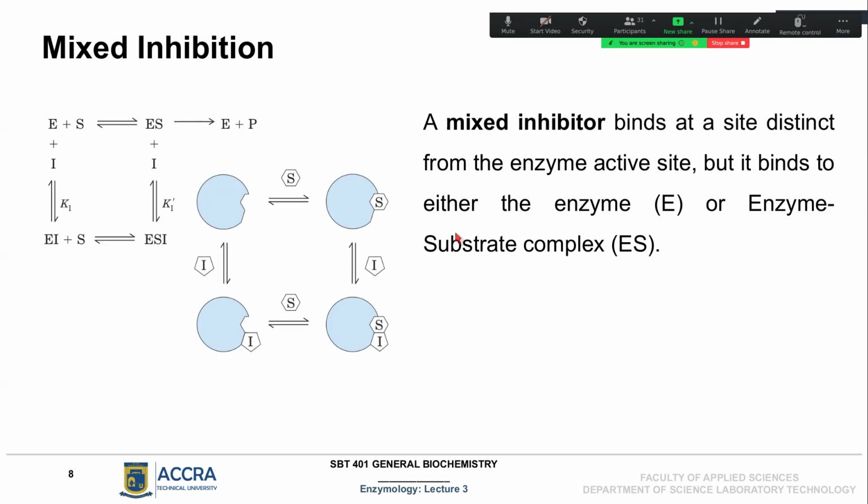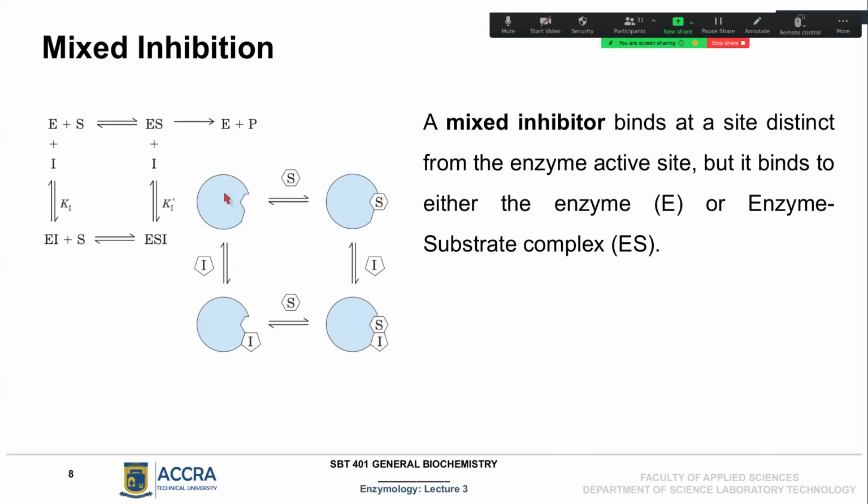So the uncompetitive inhibition, which we looked at earlier, took this path where you saw the substrate binding to the active site of the enzyme, first of all, to give you the enzyme substrate complex before the inhibitor now binds to the enzyme substrate complex to give you the enzyme substrate inhibitor complex, causing the termination of the reaction.